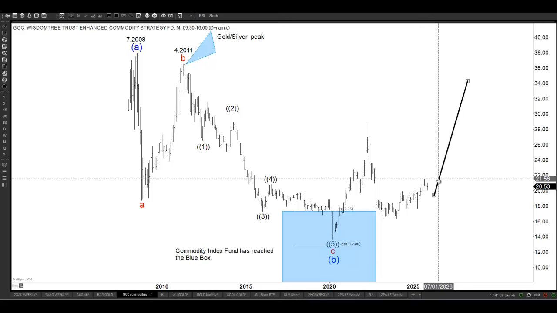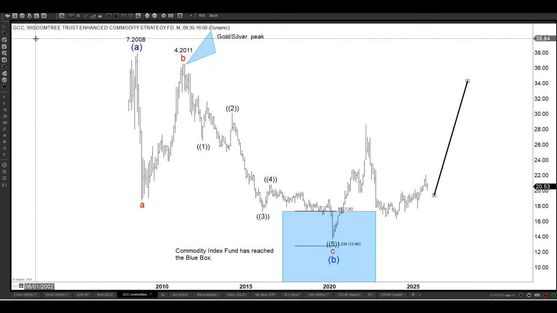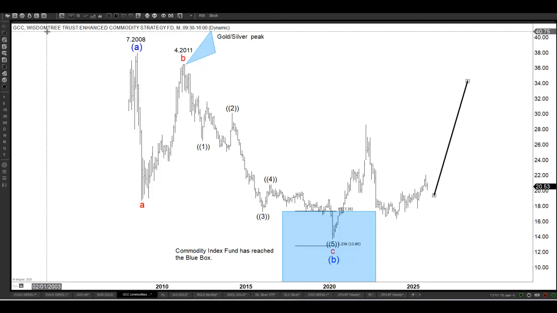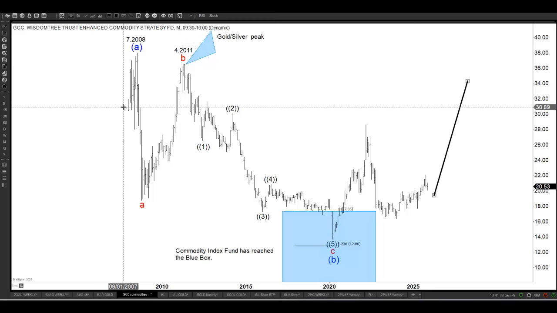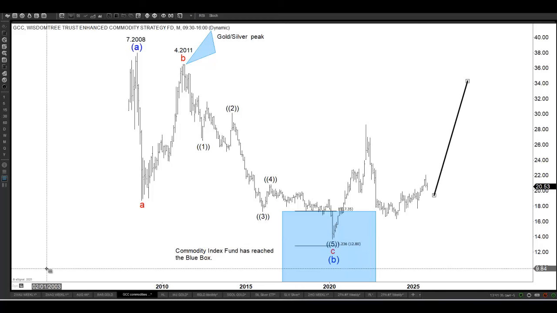So this is an ETF that tracks all the commodities together. So this ETF, in my view, at one moment is going to rally.